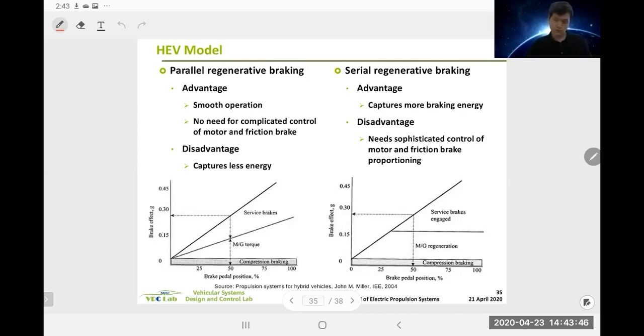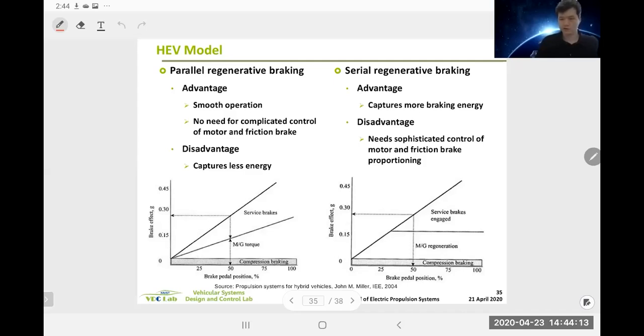There are different ways of blending friction brake with regen brake. We basically have to blend them because motor cannot provide all the torque and power, braking power driver wants.